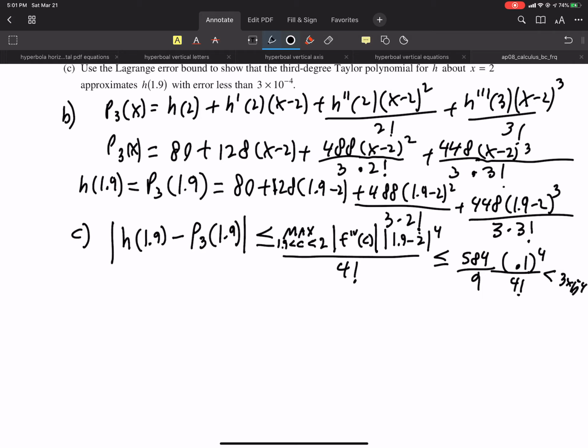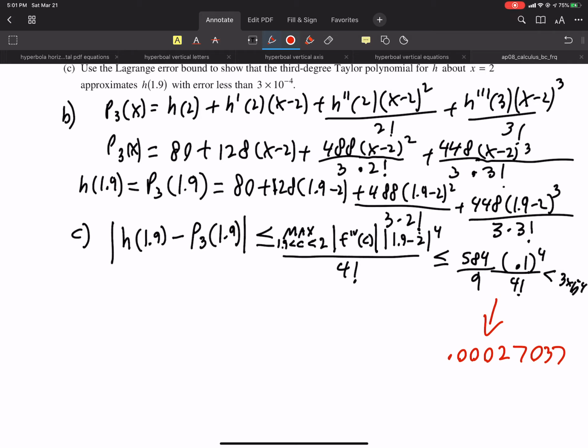So we get, just a side note for you all, this part on my calculator comes out to be 0.00027. And we're good. We are golden. That's 2.7 times 10 to the negative 4, ish.